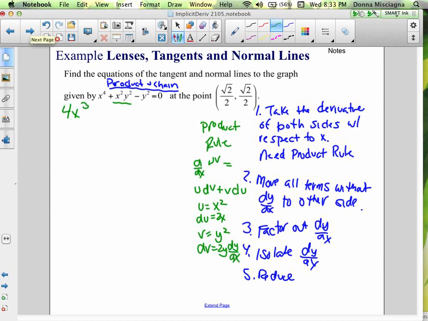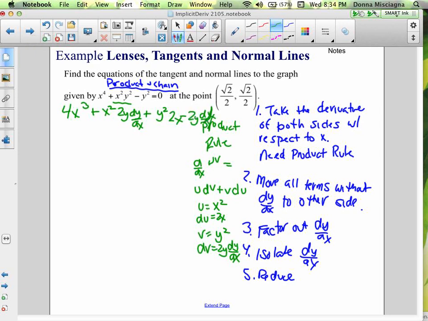So our derivative is going to be 4x cubed plus the x squared times the derivative of y squared, which is 2y dy dx, plus the second, which is y squared, times the derivative of the first, which is 2x. And then we need to take the derivative of the minus y squared, which is minus 2y dy dx.